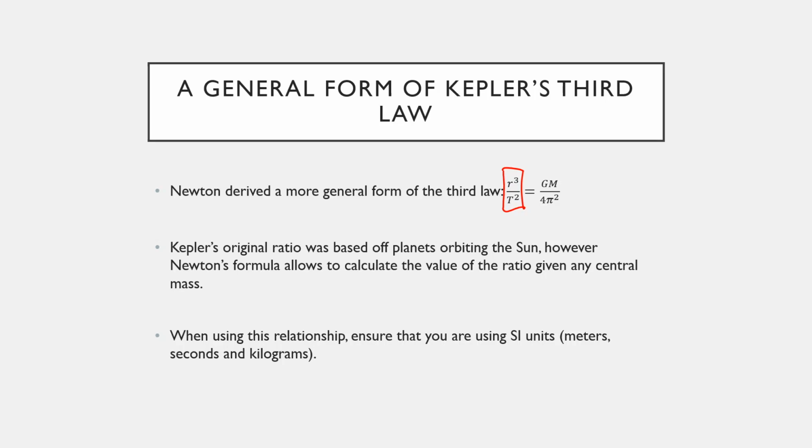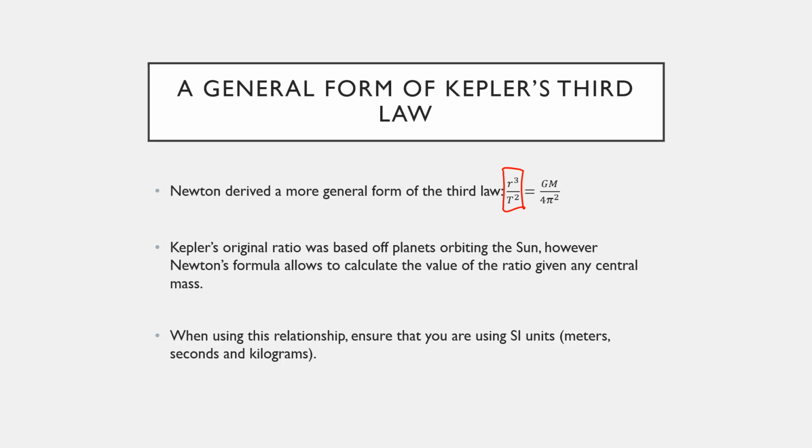So the ratio always turned out to be 1. If you put it in normal units, with R in meters and T in seconds, then this applies for any satellite orbiting any central body. And what the ratio turns out to be equal to, if you use SI units, is GM over 4 pi squared. Newton sort of came up with this.